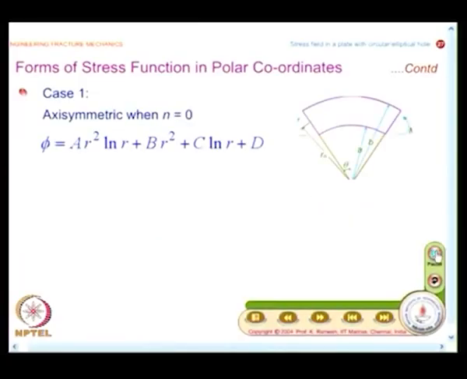The other category is, please try to make a neat sketch of this. The same stress function could also be used for initially curved beam in pure bending. You have very many practical applications where initially the beam is bent.